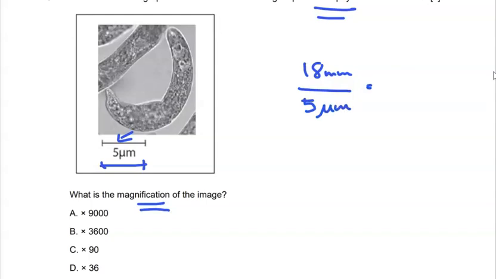So at conversion, this means that if we multiply this by 1,000 to take it to micrometers, we have 18,000 micrometers divided by 5, and of course that is the answer there, B.